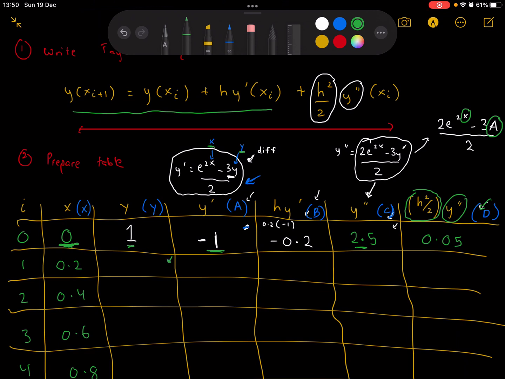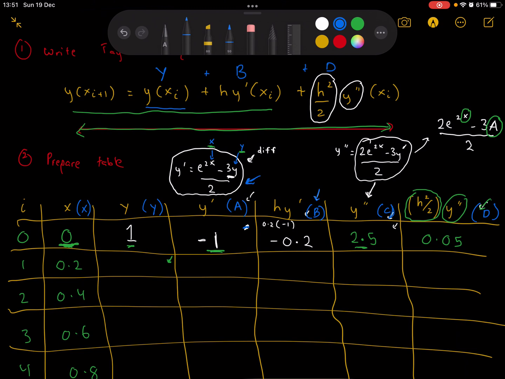So this is where Taylor's equation can be used, whereby Taylor's equation is given as this one. So you can input in your calculator, okay, y at x i, we use the value of y, plus hy prime, we use as b, and h squared over 2 y double prime is d.